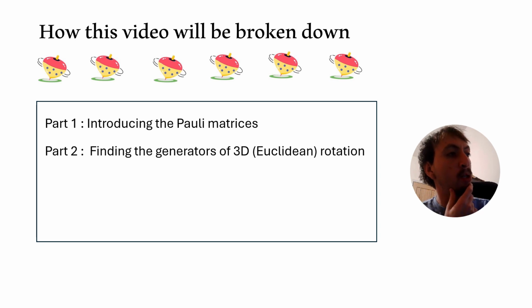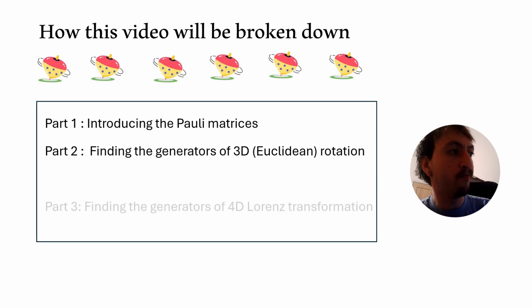Then we're going to move on to distilling 3D Euclidean rotation into the part of the rotation matrix which is deeply significant, and that part is called the generator. It will become clear when we come on to it why we call it the generator of 3D rotation.